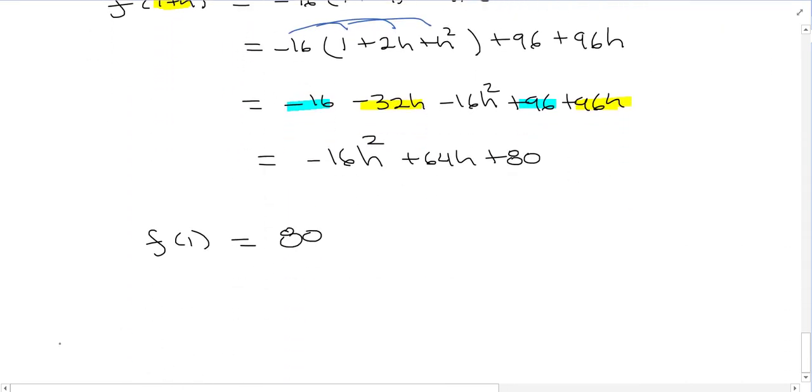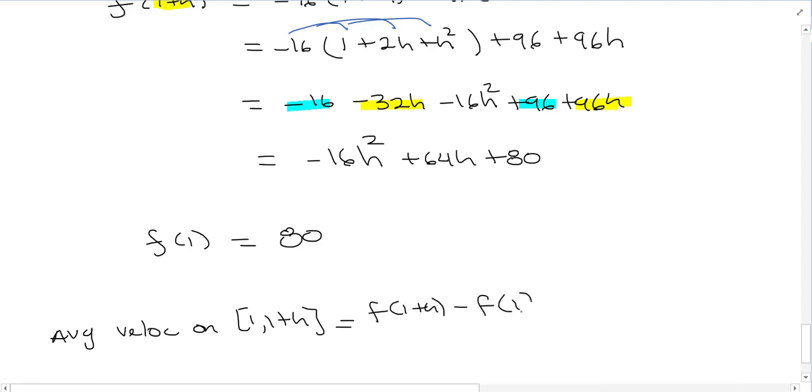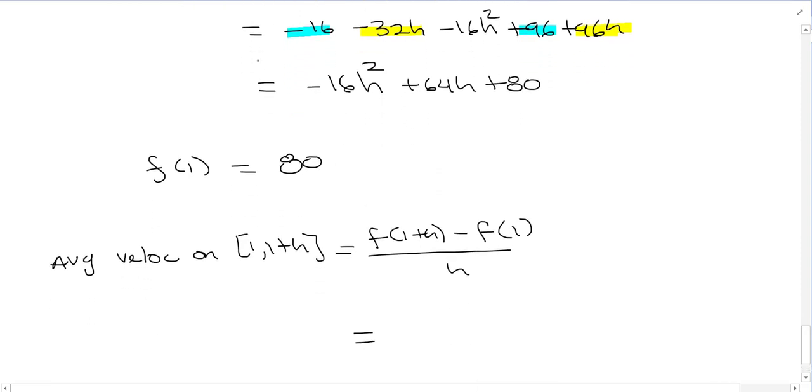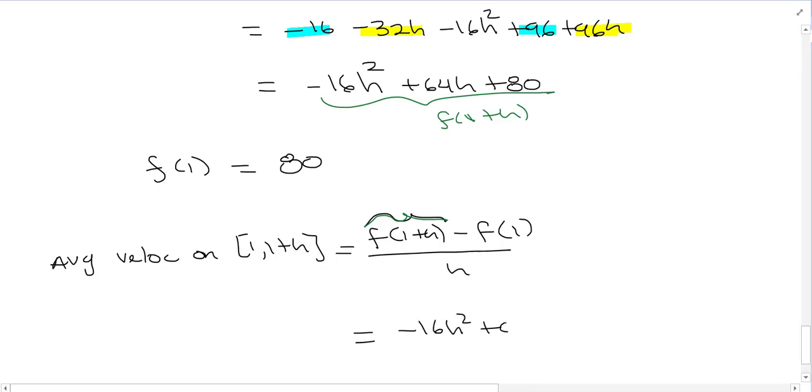So putting it all together for our average velocity on the interval from 1 to 1 plus h, this is f of 1 plus h minus f of 1, all over h. So we're going to have f of 1 plus h, which is what we found here: minus 16h squared plus 64h plus 80, and then minus f of 1.